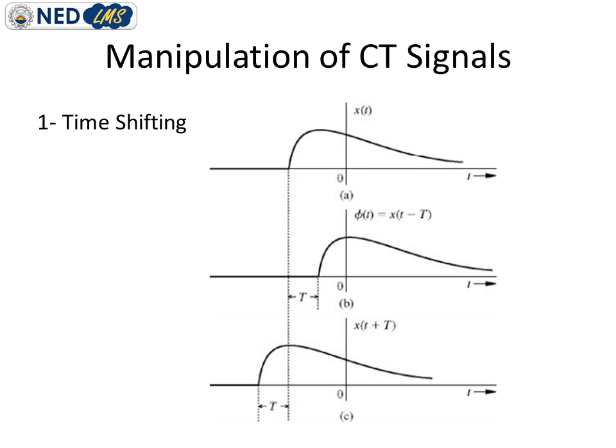The first manipulation technique of continuous time signal is time shifting. Basically, there are three useful signal manipulation techniques. First one is shifting. Second one is scaling. And the third one is inversion.